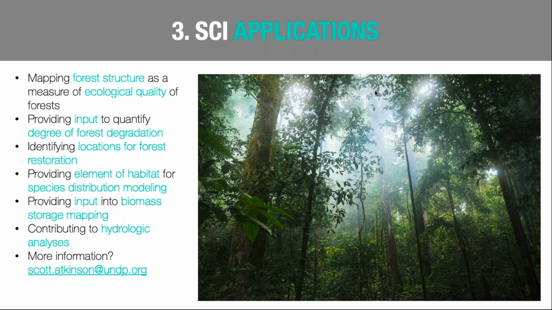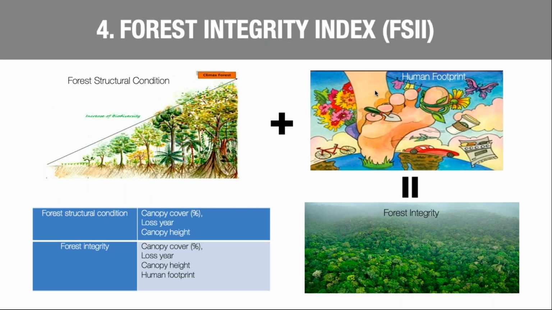And if we go to the next slide, this is what we call the Forest Structural Integrity Index. It's a product of combining the forest structural condition with the human footprint that Oscar just described to derive what we're calling forest integrity.